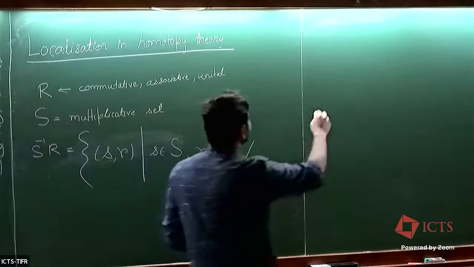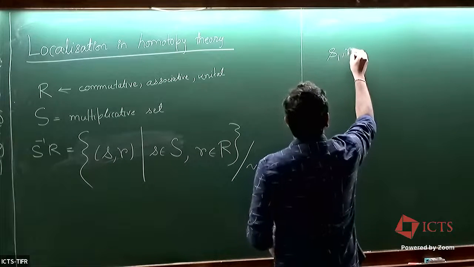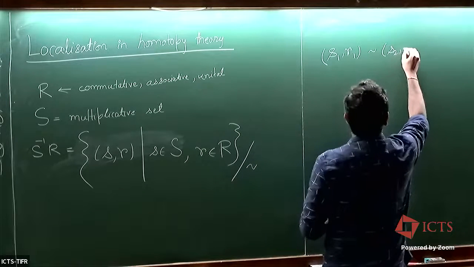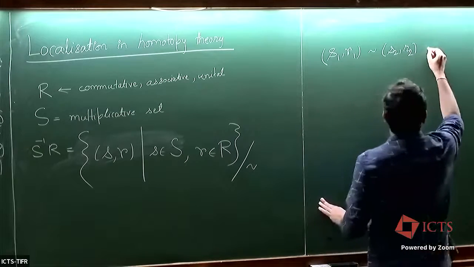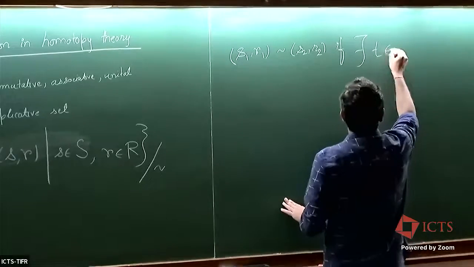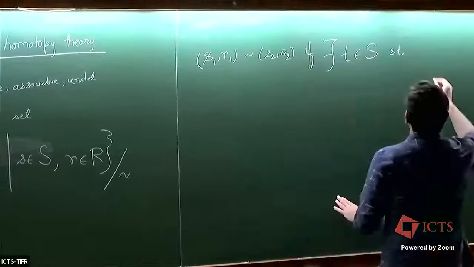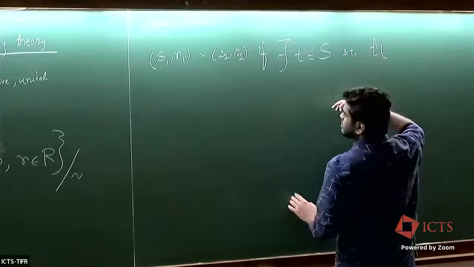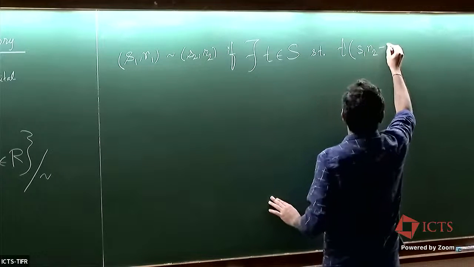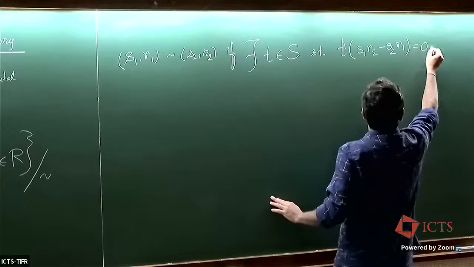So (s1, r1) is said to be equivalent to (s2, r2) if there exists an element from S called t such that t times the cross multiplication, say s1 r2 minus s2 r1, is 0.